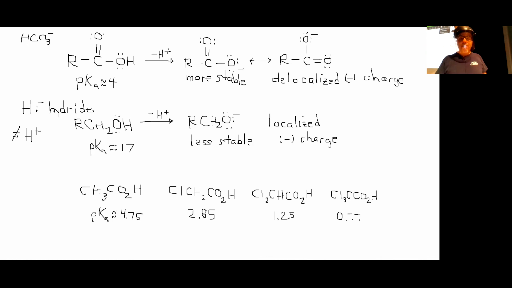So that being said, our next topic, which we're not going to finish today, but I think we can at least start it, is considering how do we make carboxylic acids, preparation of carboxylic acids. And I think we already know a couple ways.